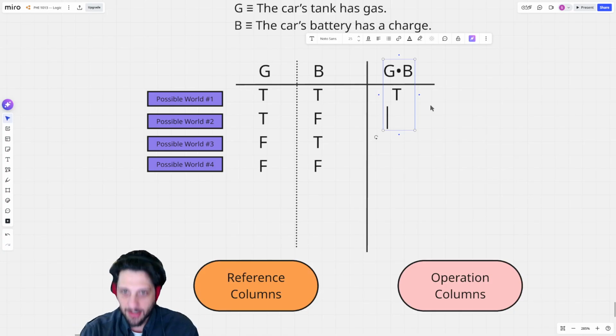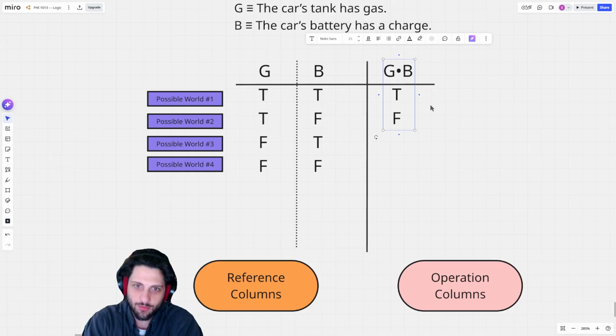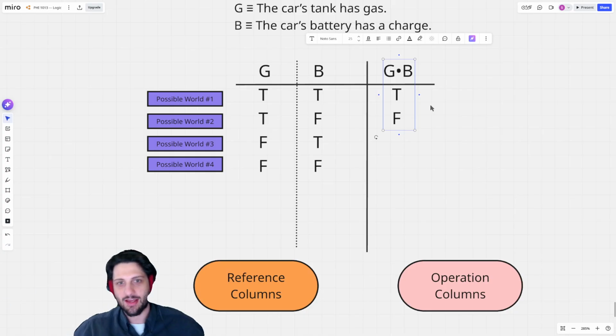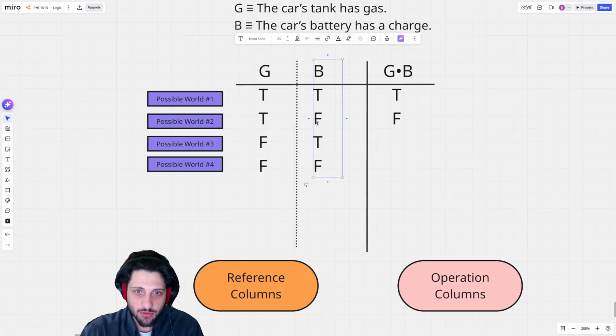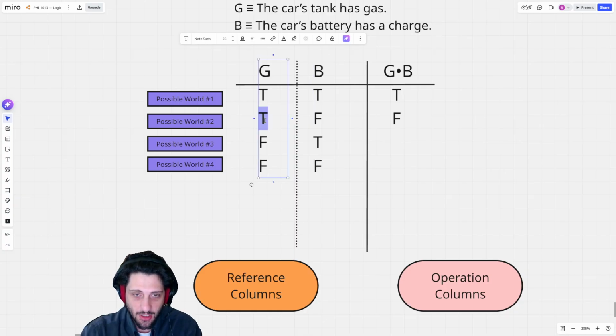No. If I get in the car and I try to start it, it's not going to start, and I'm going to be annoyed that you told me that it has both when it doesn't have both, right? So if it doesn't have both gas in the tank and charge in the battery, I'm not going to say, hey, it's got both. The truth value of the conjunction is false. That's not to say that both little conjuncts are false, right?